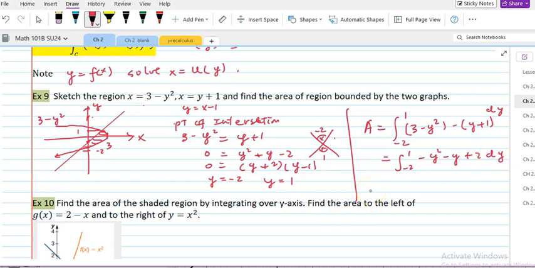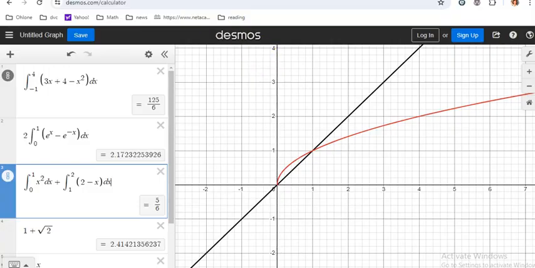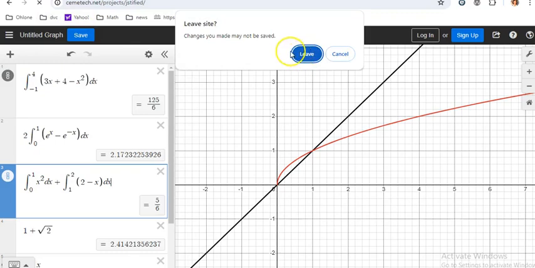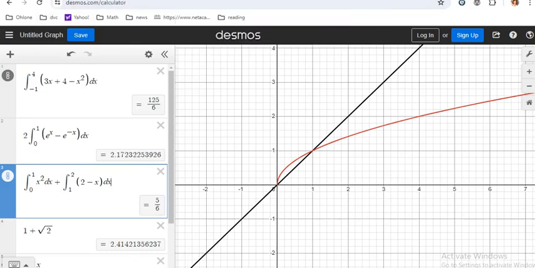Put it in the calculator. We can actually try to put it in the calculator.